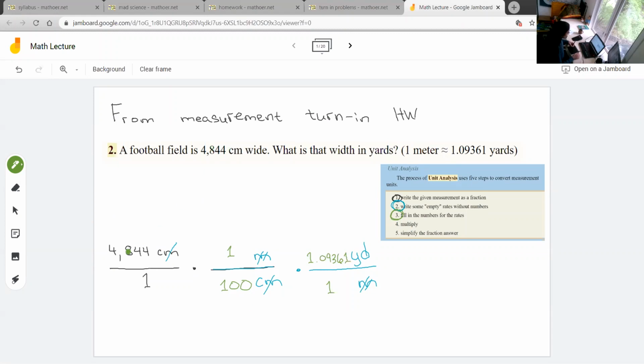Okay, so I've done the first 3 steps. Now I need to multiply. I know how to multiply fractions. I just multiply across the top and I multiply across the bottom. The only word that will be left over is yards on the top because the others have canceled, and nothing on the bottom. And that's fine. Okay, so 4844 times 1.09361.